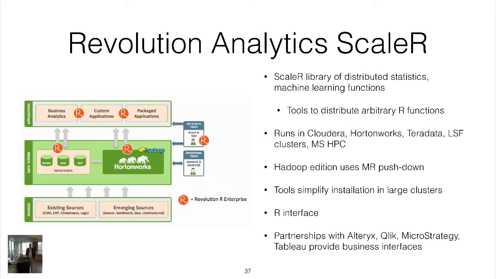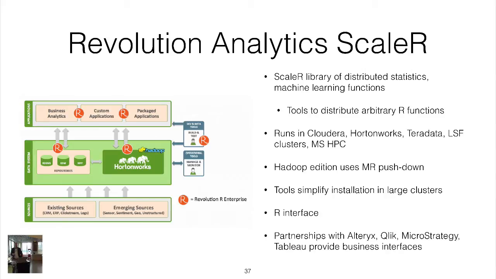This is my company, again, full disclosure. The company's Revolution Analytics. We distribute a product called Revolution R Enterprise, which is a commercial version of open source R. And ScaleR is a component that enables you to distribute or spread your R processing over multiple nodes.